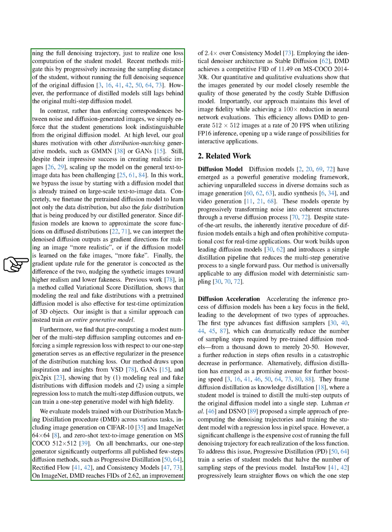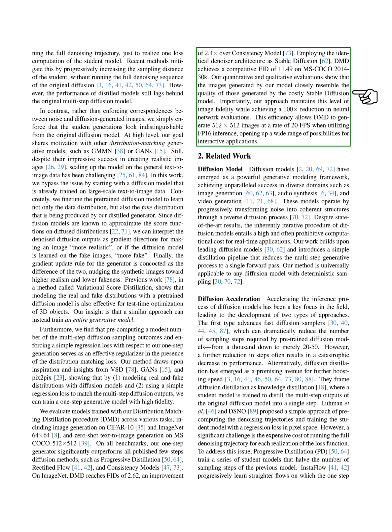On all benchmarks, our one-step generator significantly outperforms all published few-steps diffusion methods. On ImageNet, DMD reaches FIDs of 2.62, an improvement of 2.4 times over consistency model. Using the same denoiser architecture as Stable Diffusion, DMD achieves a competitive FID of 11.49 on MS COCO 2014-30K.